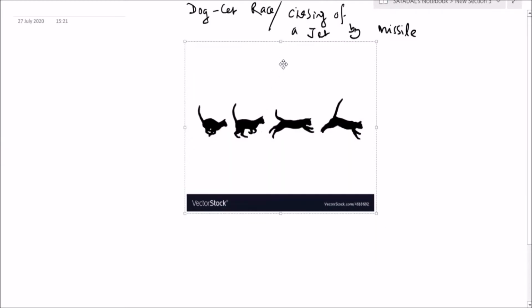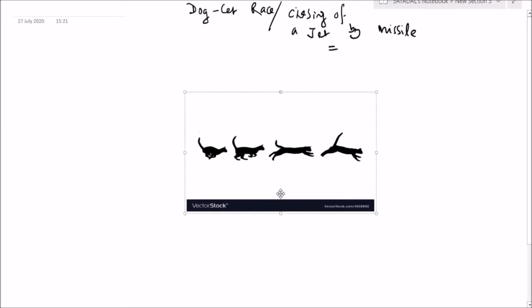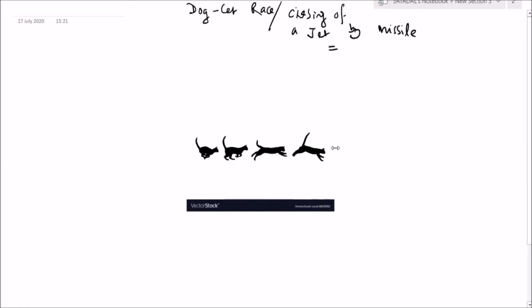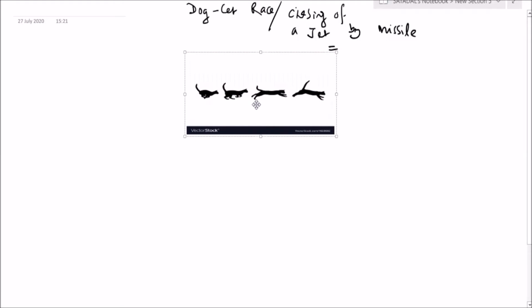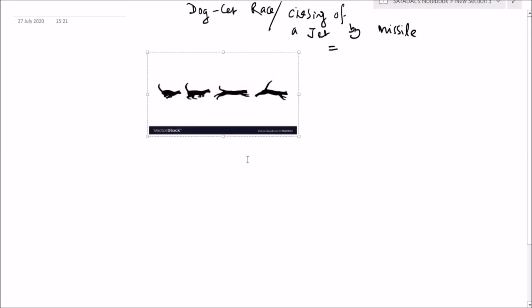Cats generally look very innocent, but they are not, like all of us. Puskar is smiling, so he knows the meaning better. So this unfortunate cat is running, I don't know whether to save his life or not, in this direction with some constant speed v. He must be an idiot cat, not running faster, maintaining a constant speed.